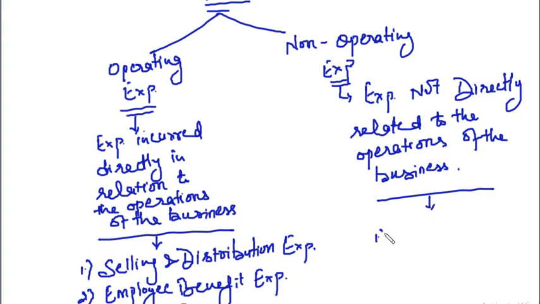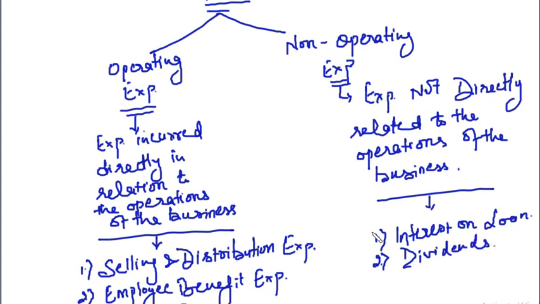For example, interest paid, interest on loan. This is in no way directly related to the operations. Dividends. All these things are not directly related to the operations of the business. These will not affect the operations of the business directly. So these are the non-operating expenses. Clear? So this is the basic difference between operating expenses and non-operating expenses.